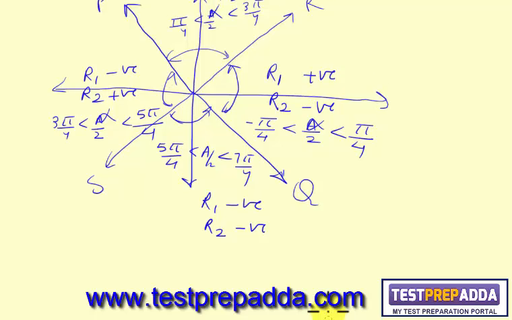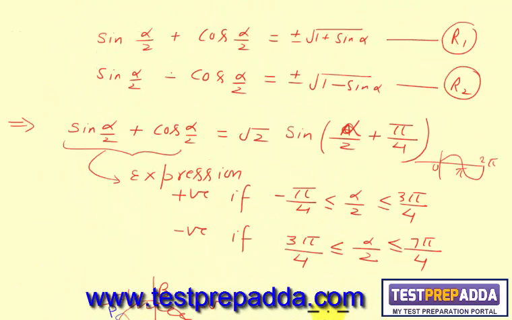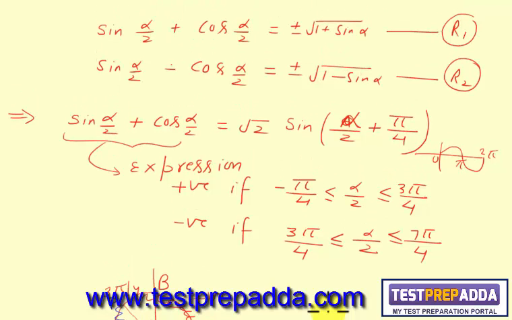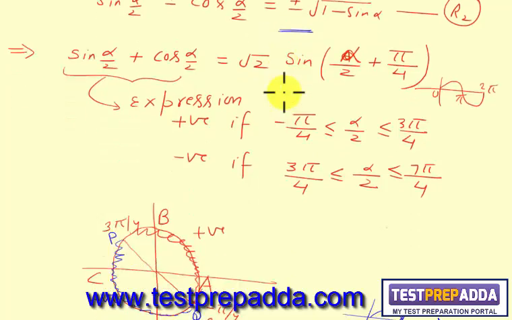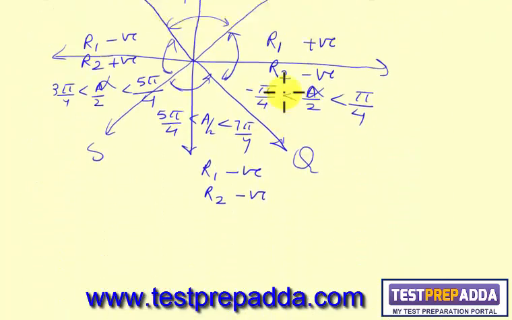So here we learnt about the expression of sin alpha by 2 and cos alpha by 2 in terms of sin alpha. Whether we take the positive or negative value will be decided by the angle alpha by 2.